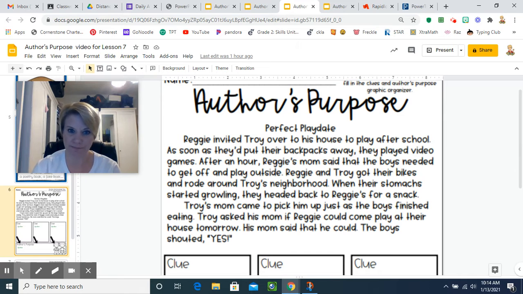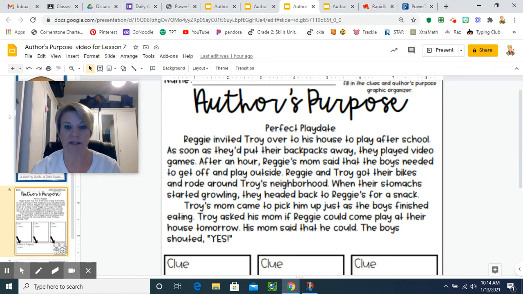Perfect play date. Reggie invited Troy over to his house to play after school. As soon as they'd put their backpacks away, they played video games. After an hour, Reggie's mom said that the boys needed to get off and play outside. Reggie and Troy got their bikes and rode around Troy's neighborhood.